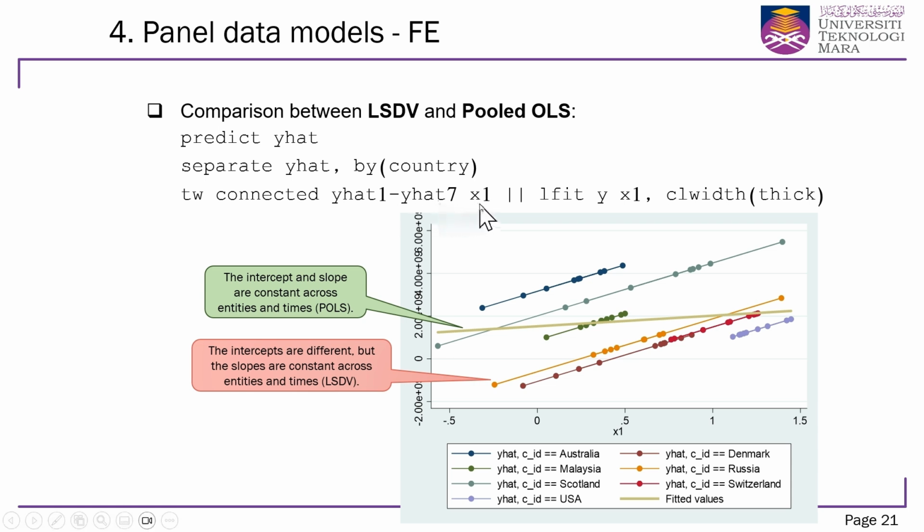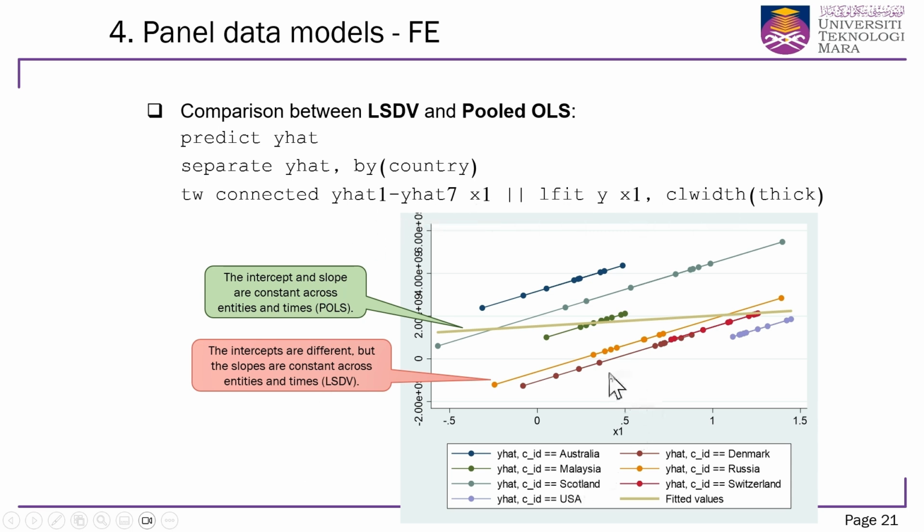We plot against x1, the regressor. And then here we also create the fitted line for the pooled OLS, y against x1, and then make it thicker to separate between the OLS fitted line and the LSDV fitted line.